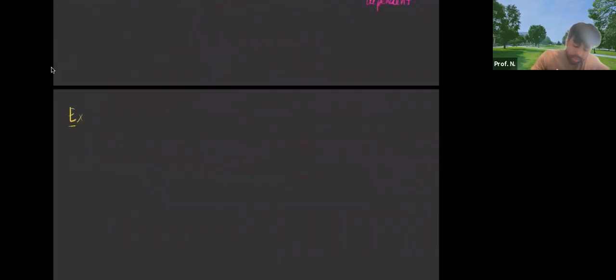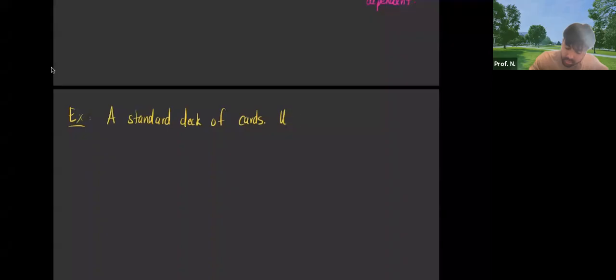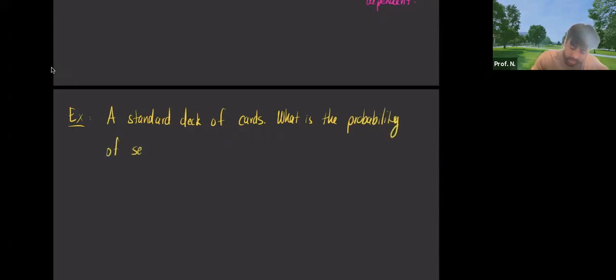So for example, if I have a standard deck of cards again, a standard deck, what is the probability of selecting a heart and a diamond?